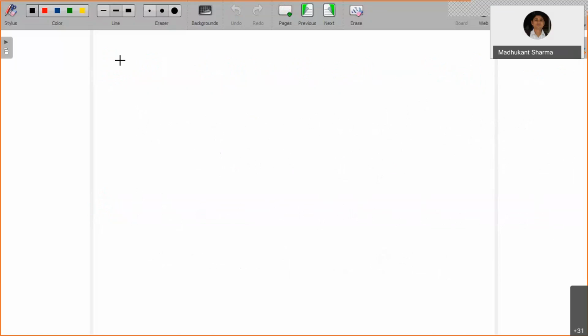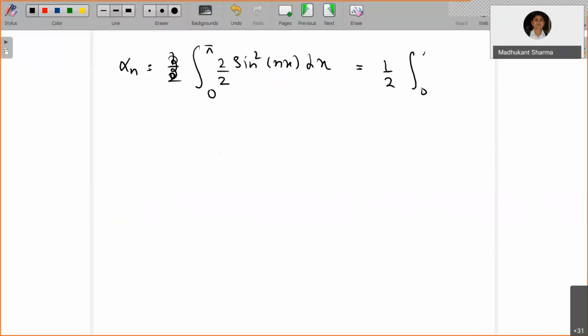So alpha_n is equal to the integral from 0 to pi of sin squared(nx) dx. You multiply and divide by 2, so this is 1/2 times the integral from 0 to pi of (1 minus cos 2nx) dx.